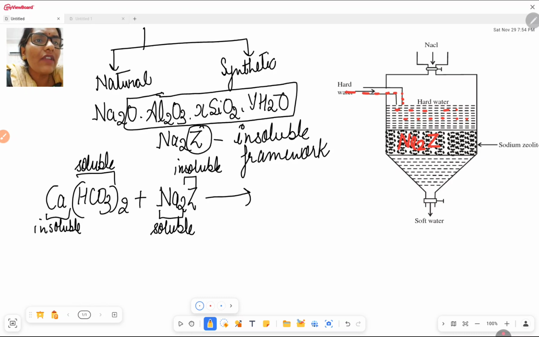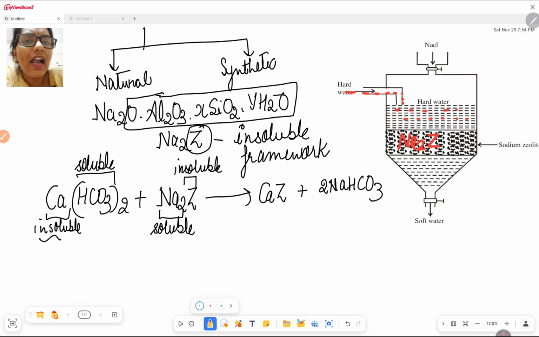So the soluble part comes along. See, calcium zeolite, both are insoluble, and we are getting 2NaHCO3. So this is the hard water and this is the soft water.